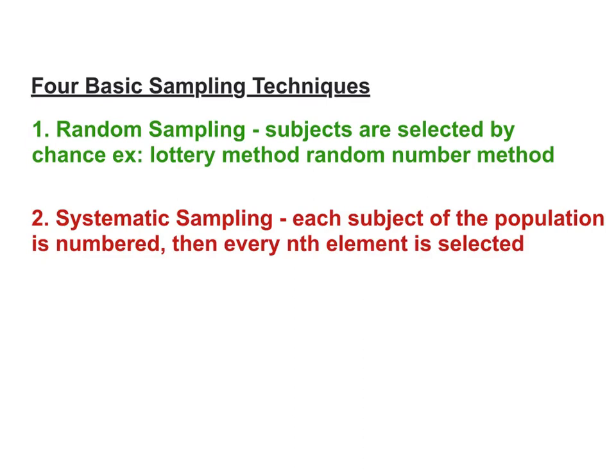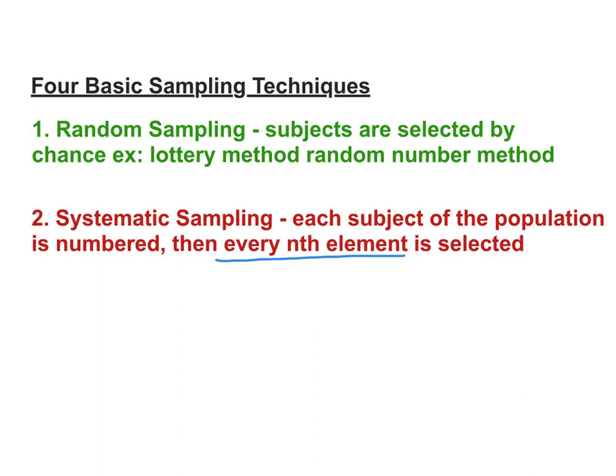Okay, another sampling method is known as systematic sampling. The key thing to systematic sampling is this: every nth element is selected. So, for example, if I put all the names of the students at Bishop Verot on a list and assigned them all numbers, 1 to 670, I think that's about how many kids we have.